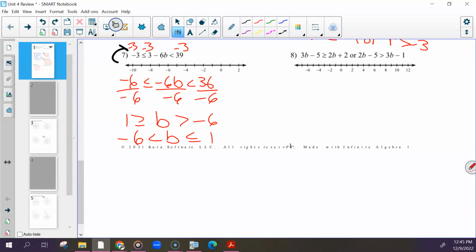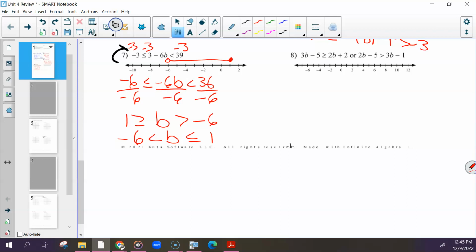So when you graph this, you should have one line segment is what I meant. Starting at -6, that's open, ending at 1, that's closed, with a line in between. The line segment is what I need to see. If you wanted to draw the arrows to make sure they overlap, you could do that, but I don't need to see that part.